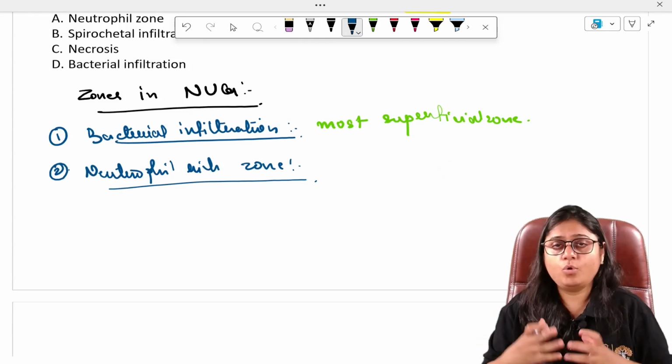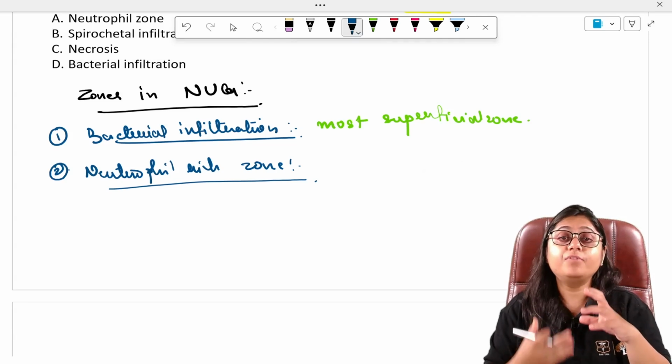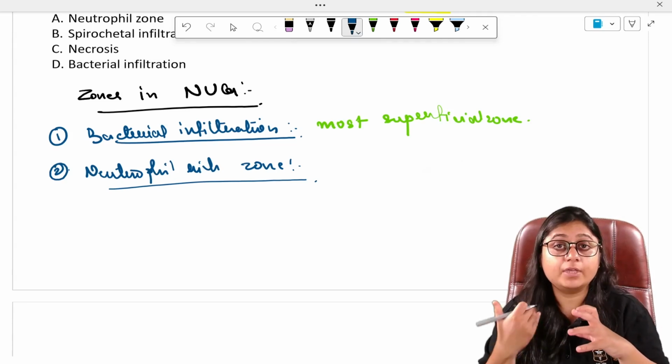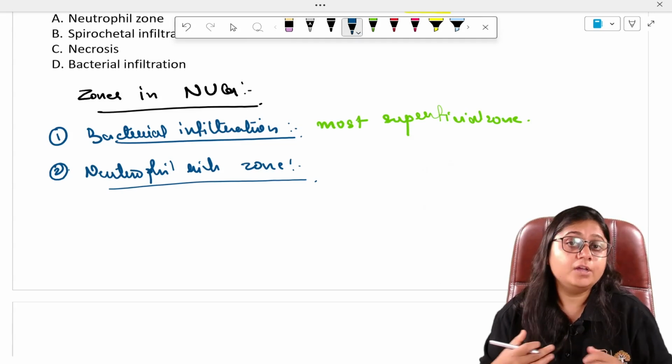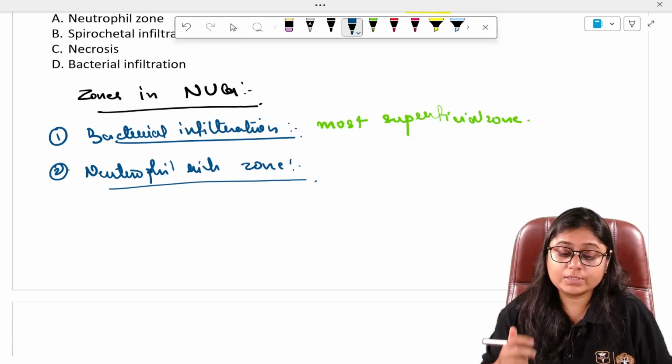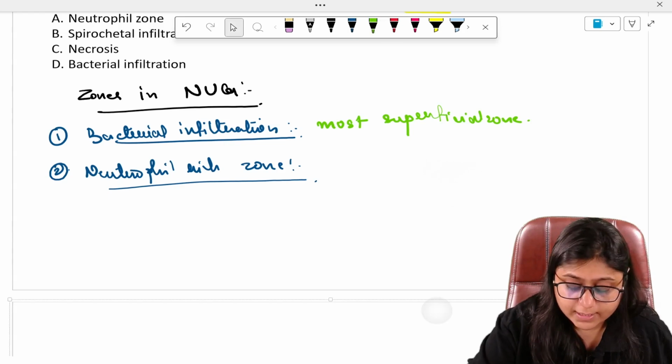When the bacteria has entered, the immune inflammatory system of the host gets activated, and the neutrophils come to the site of infection and try to invade the bacteria. So the second zone is the neutrophil rich zone. It consists of numerous leukocytes.